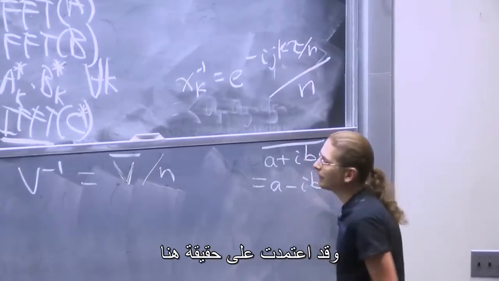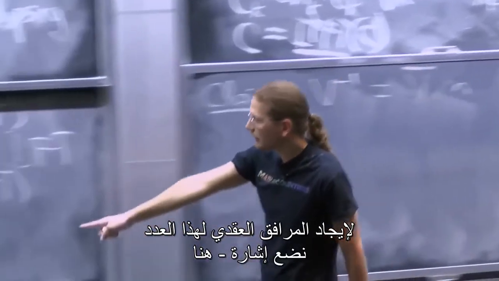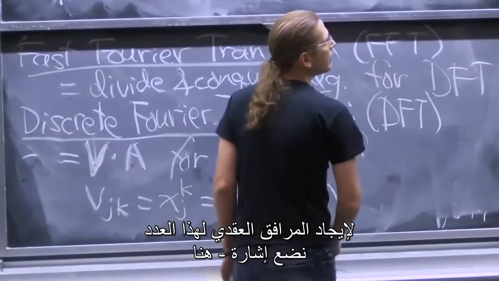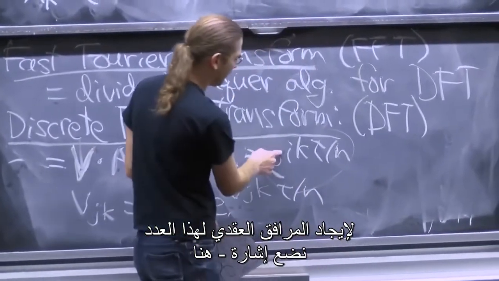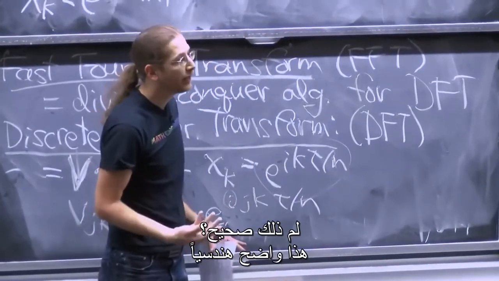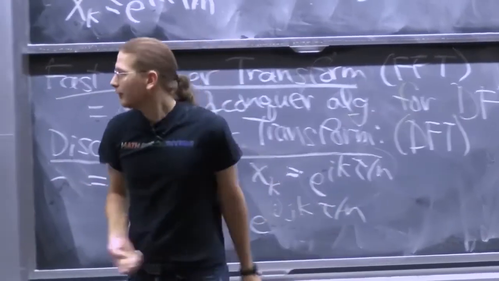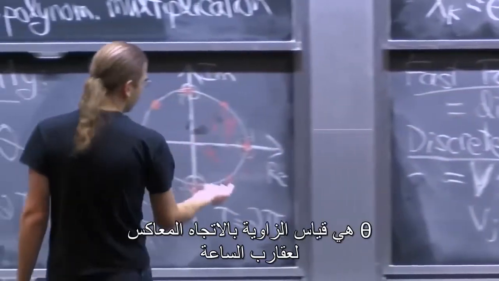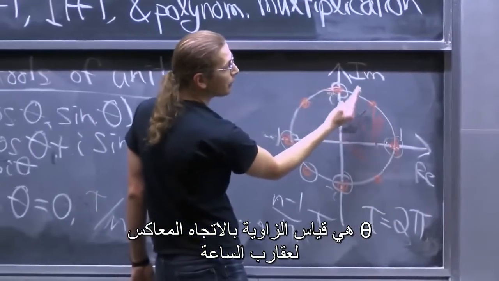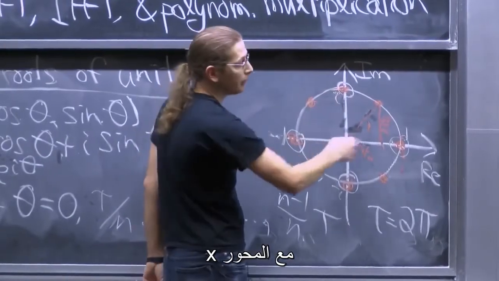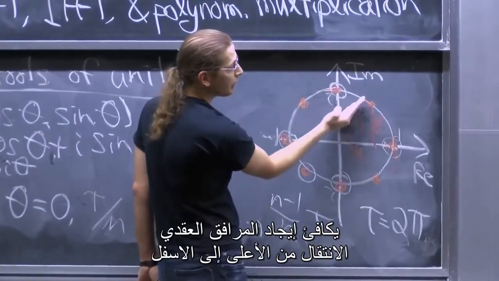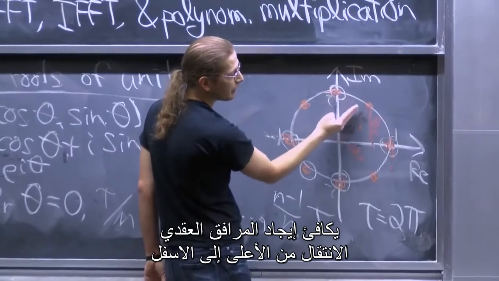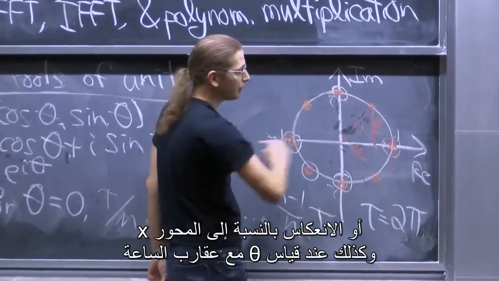Okay, I'm using a fact here, which is that the complex conjugate of this number is actually just you put a minus sign here. Why does that hold? Because geometry, right? Theta is usually measuring the counterclockwise angle from the x-axis. If you take the complex conjugate, you go from up here to down here, the reflection through the x-axis.